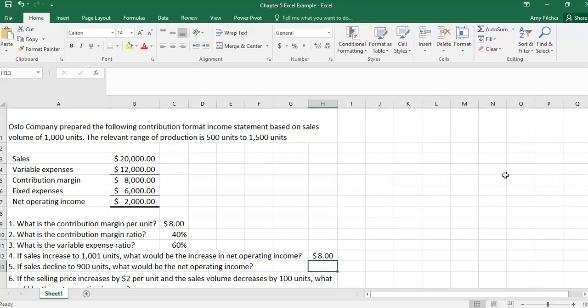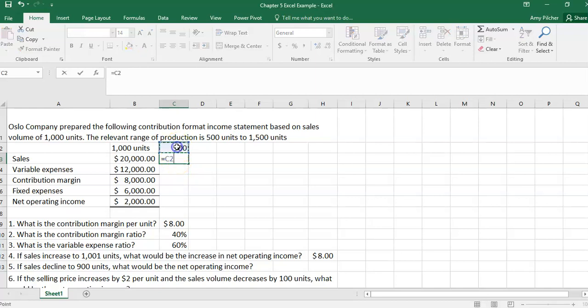If our sales decline to 900 units from 1,000 units, what would our operating income be? So we can look at, this is 1,000 units. If we want to see what 900 units is, we need to know the per unit cost. Well, 20,000 divided by 1,000 is 20.